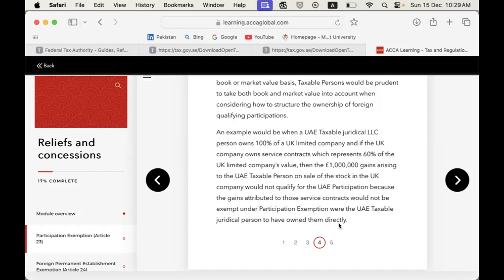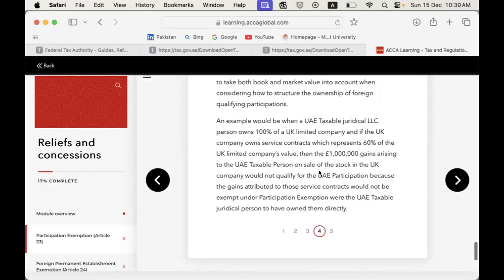But the interesting point is that the UK company was actually holding service contracts in the UAE. If the UK company owns service contracts which represent 60% of the UK limited company value, then the 1 million gains arising to the UAE taxable person on sale of stock would not qualify.